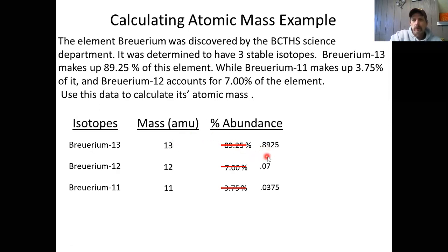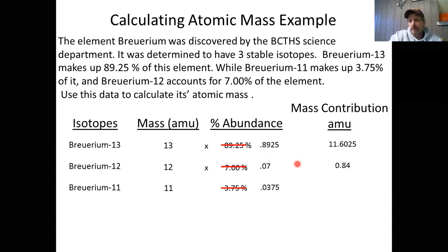Well, mass times percentage. Remember, percentage we converted into decimal form. So 13 times 0.8925, we record the value. I like to keep it to about 4 decimal places. We could round with good accuracy later if we needed to. 12 times 0.07, I think that if we added 2 zeros to the end, that would add the 4 decimal places. 11 times 0.0375.